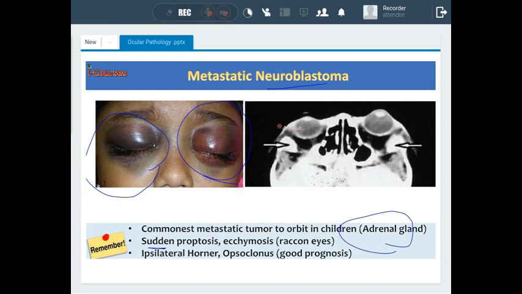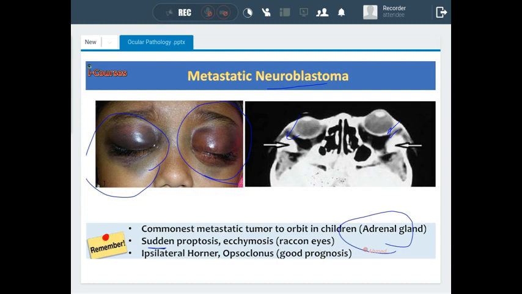And when we do imaging, you will find multiple masses that involve both orbits, and they will be multifocal, causing bone erosion or bone destruction. This tumor can also be associated with ipsilateral Horner syndrome if the tumor arises beside the sympathetic ganglion, and there will be a specific sign called opsoclonus, as we said before.